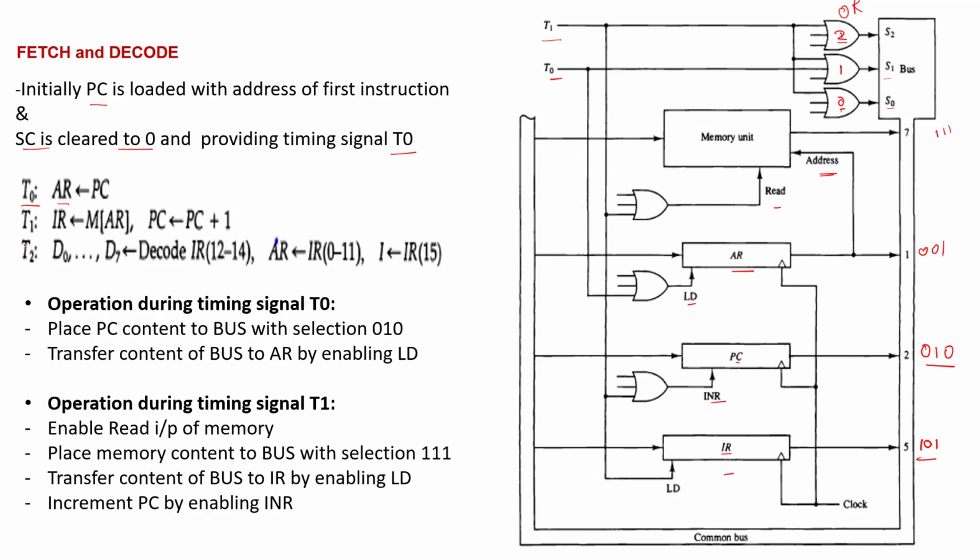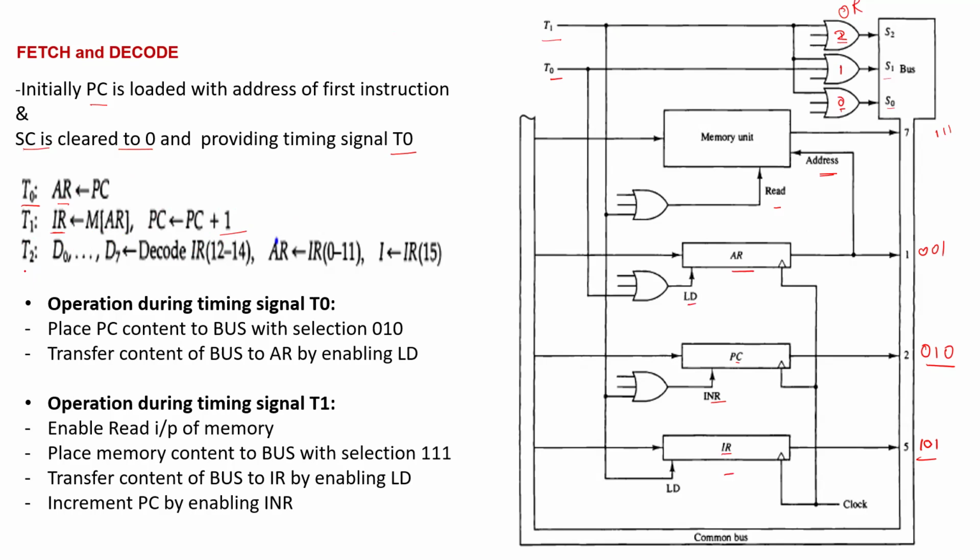Next, during timing cycle T1, the contents of the memory at the address given to the memory are transferred to the IR, the instruction register. At the same time, the program counter is incremented by 1.